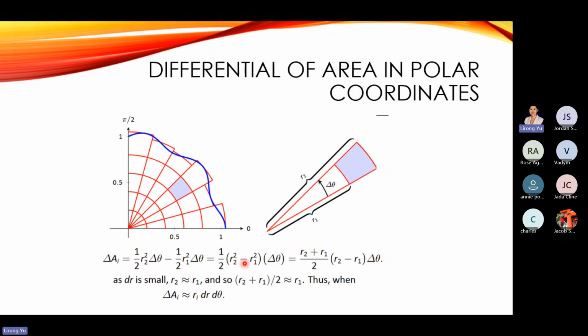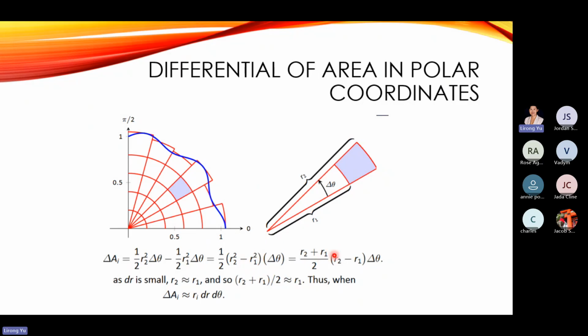Then we have r2 squared minus r1 squared, and a squared minus b squared equals a plus b times a minus b. So r2 plus r1 times r2 minus r1 equals r2 squared minus r1 squared. So there we have it.